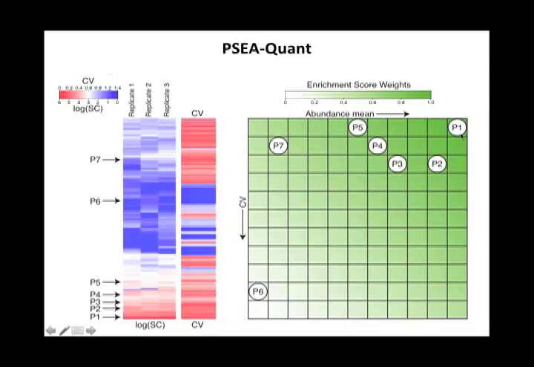So proteins that are of high abundance, for instance, P1 in that example, and that have a low coefficient of variation, such as P1, obtain a very good score because they're the proteins that we're interested in. And we can see that each of these proteins obtain a different score in the abundance weight matrix, and we therefore, in order to score the protein set, sum up all of the individual protein scores and obtain a final enrichment score for a given protein set.